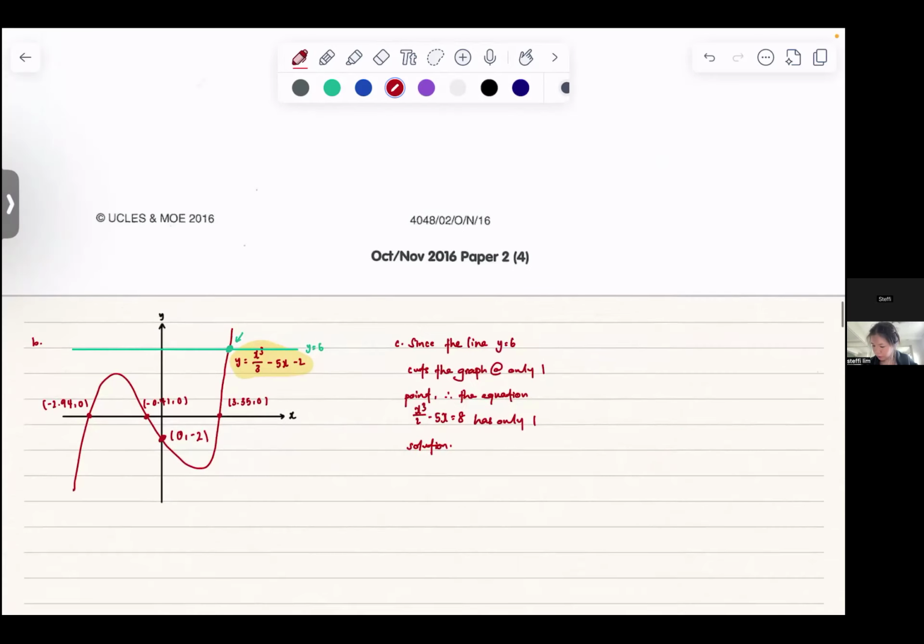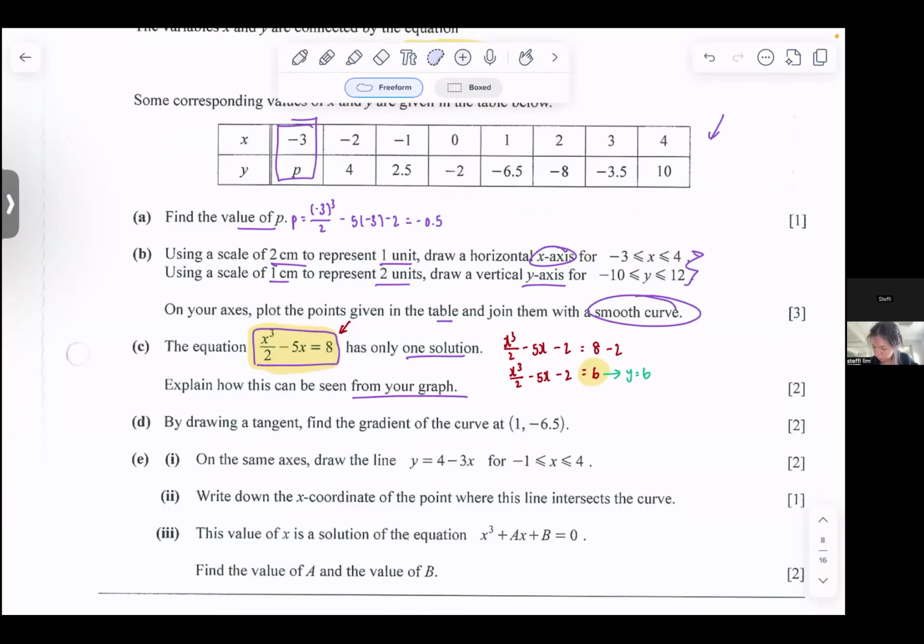Okay. Oh, by the way, these are workings as well, okay? So please write them.